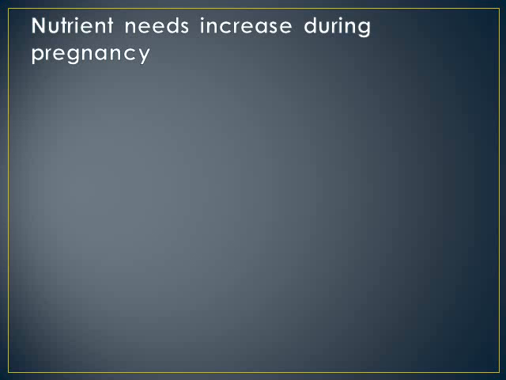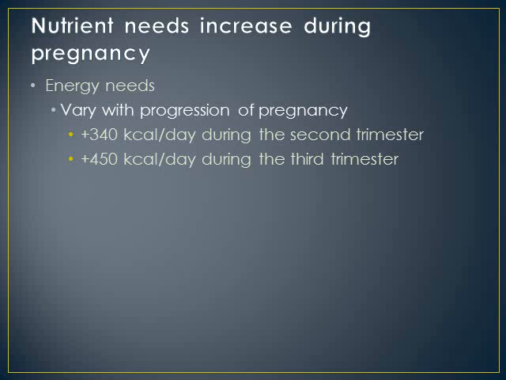As you might have guessed, nutrient needs are increased during pregnancy, and we'll go through some of the nutrients that are increased the most. One is going to be our energy. Total calorie needs are increased during pregnancy, but the amount of increase varies with the progression of pregnancy. Remember that gestation is divided into trimesters.